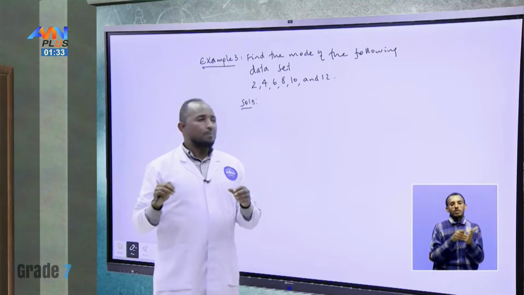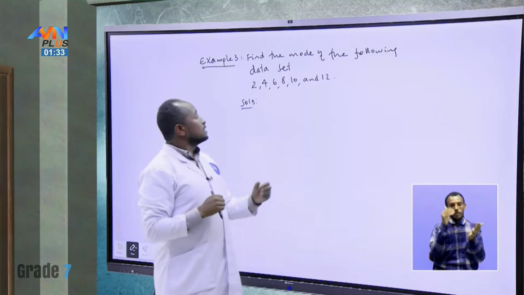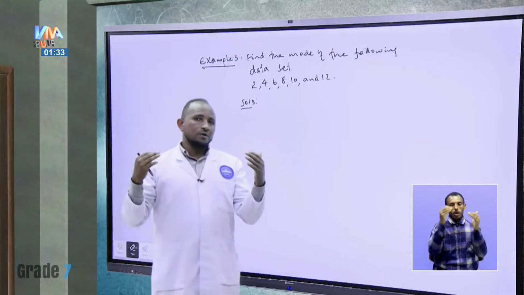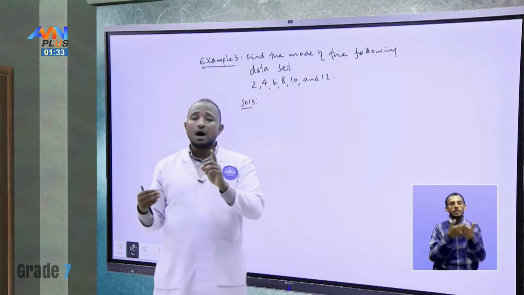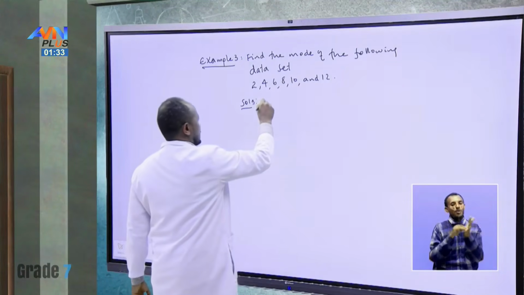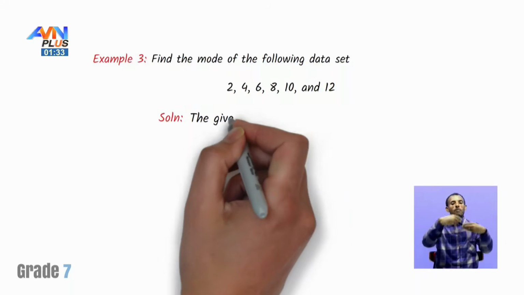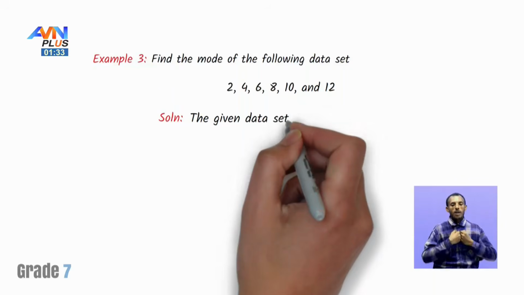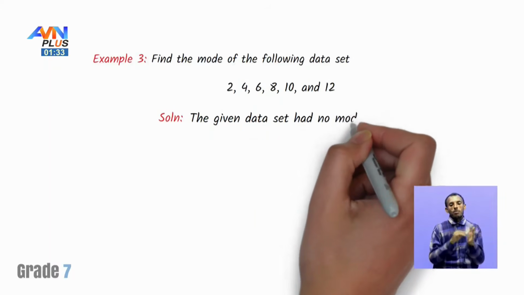There is no number that has the greatest frequency. Since the frequency of each is the same, this data set has no mode.